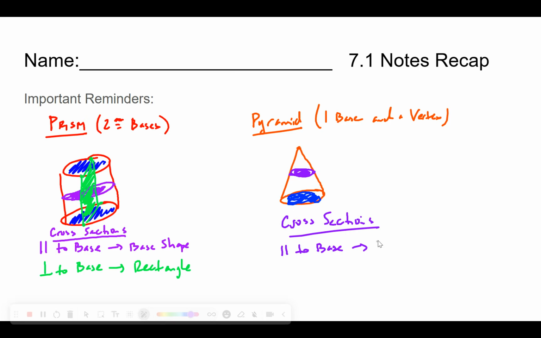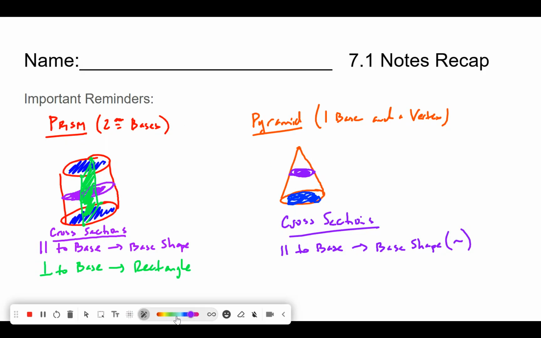So it's the base shape, but it's going to be a smaller, similar version. So I'm going to put the little squiggle for similar, right? It'll be a similar version, okay?